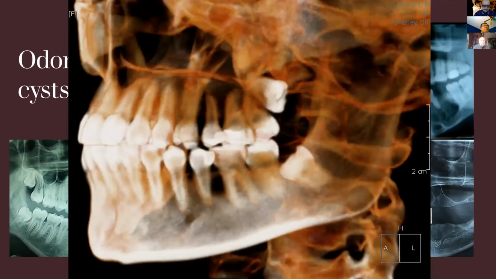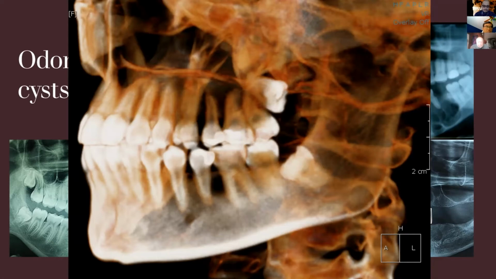As we can see in this image, they look almost the same in the initial stages. It could be any of them, so differentials have to be made along with clinical pathological correlations.